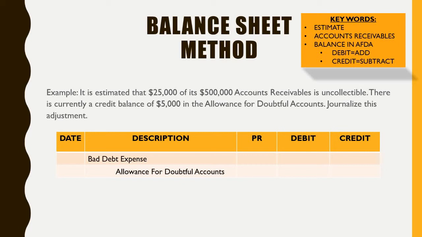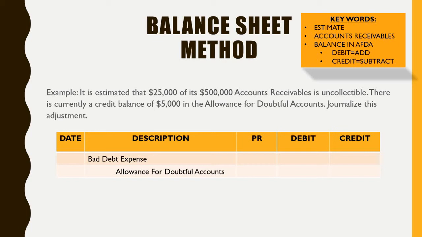How are we going to record this adjustment? It's going to be the opposite. It's going to be 20,000. Correct, right?